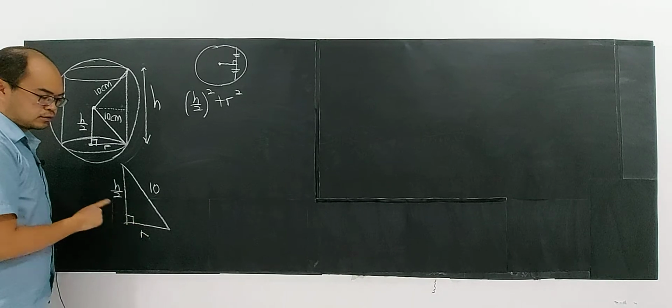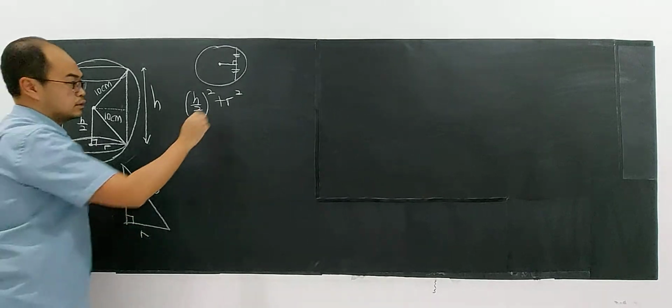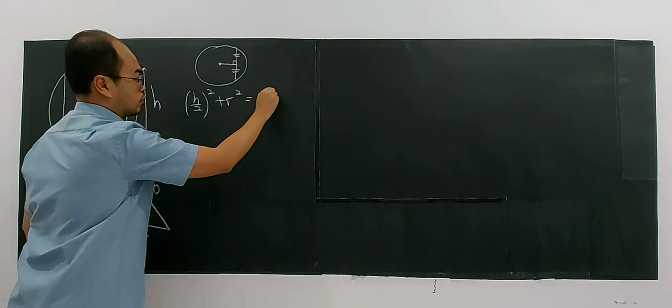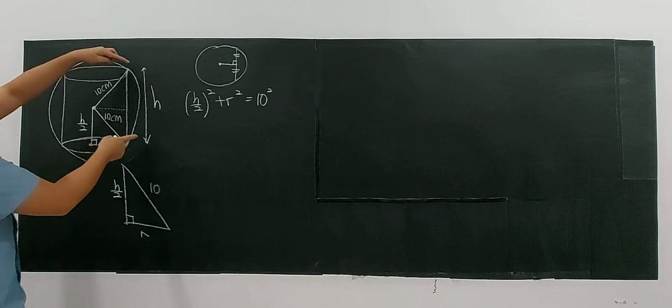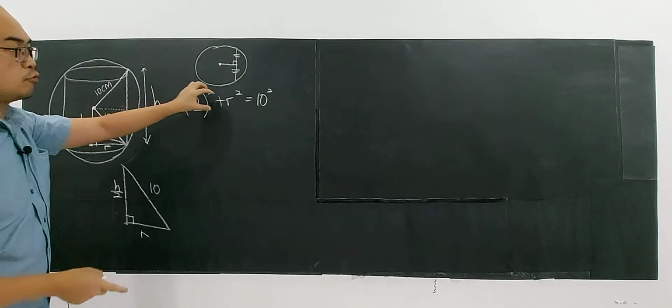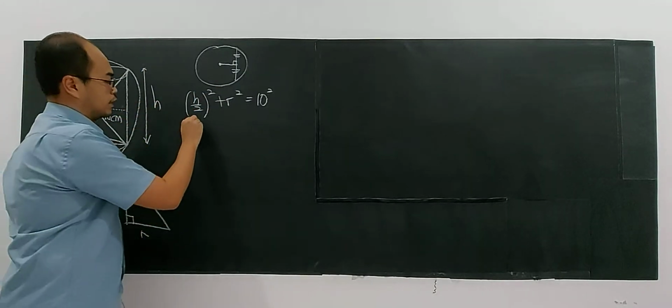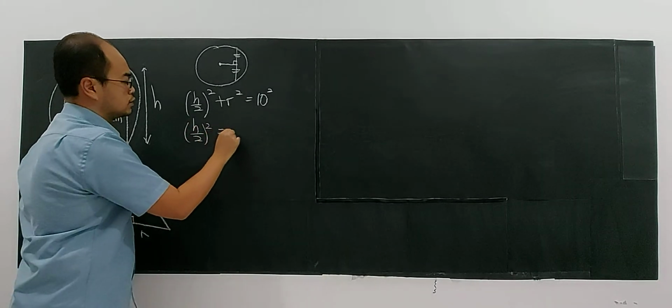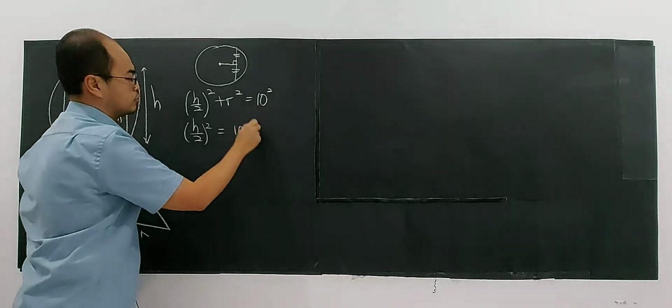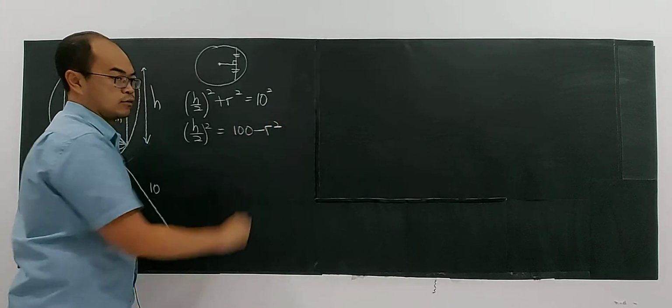is the same as the hypotenuse squared. The question is asking for the height of the cylinder in terms of radius. So h over 2 to the power of 2 equals 100 minus r to the power of 2.